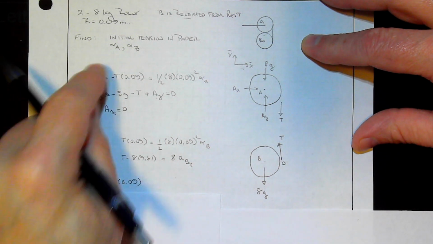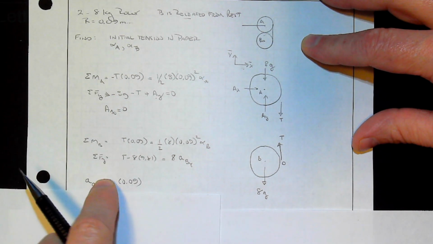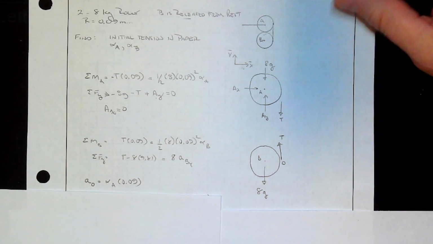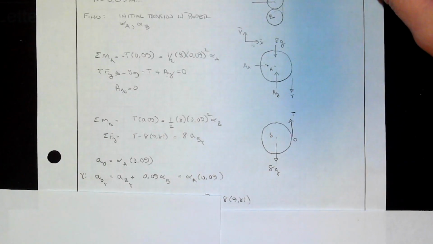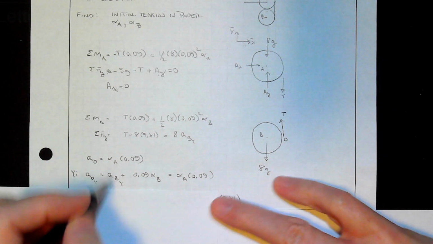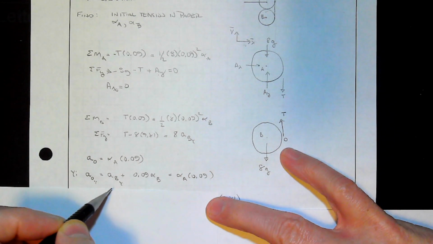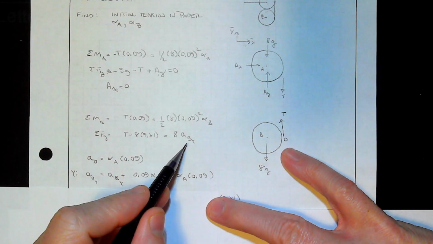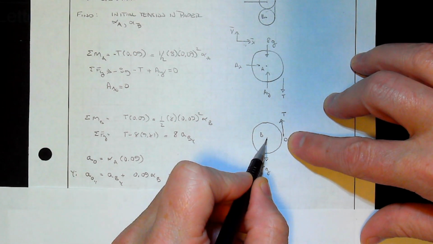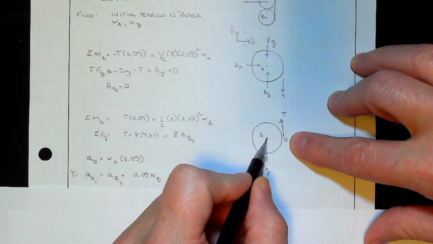But now we have 1, 2, 3, 4, 5 equations and 6 unknowns. We still need one more equation. All right? And we're going to get that right here. So A, B, Y, we're just going to relate acceleration in the B. All right? We don't need to worry about acceleration in the X at B because there's no forces in the X. So the acceleration in the X at B will be 0.